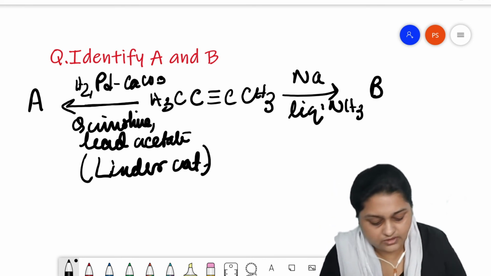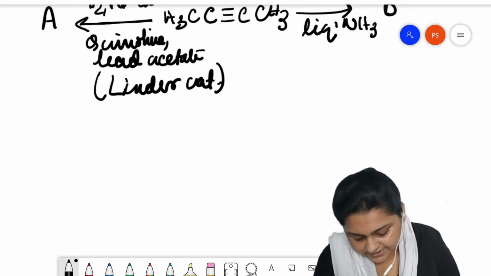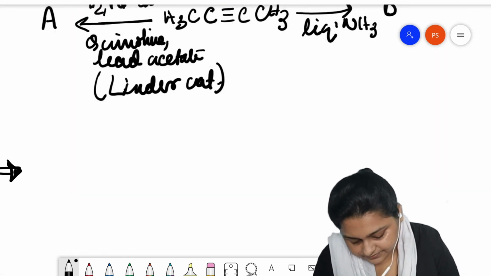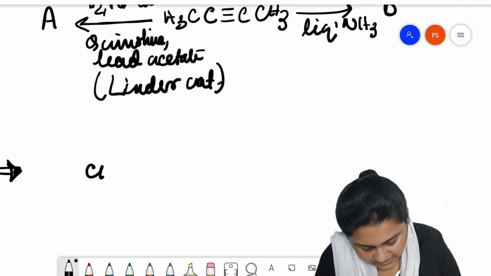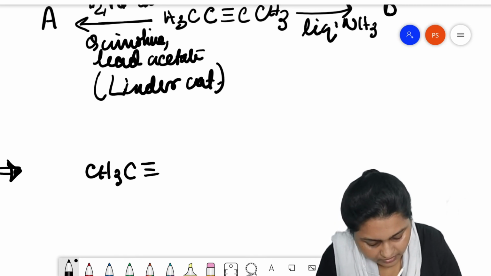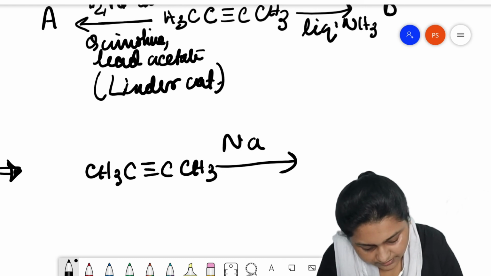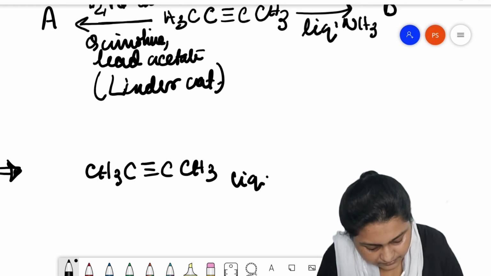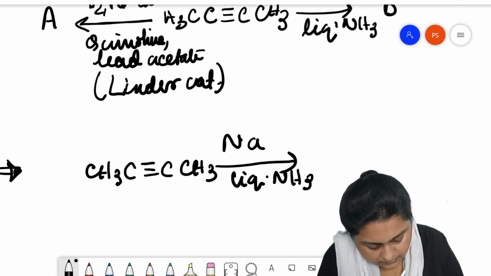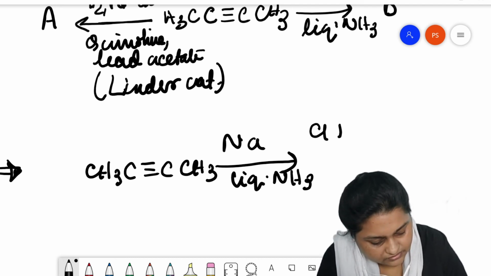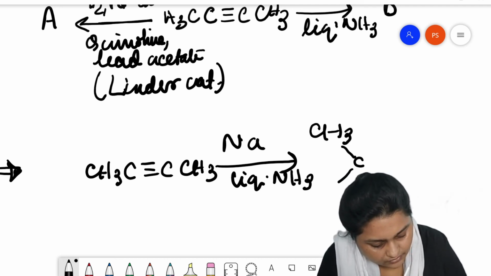Now the answer is that when CH3C triple bond CCH3 is treated with sodium in liquid ammonia, trans-butene is formed.